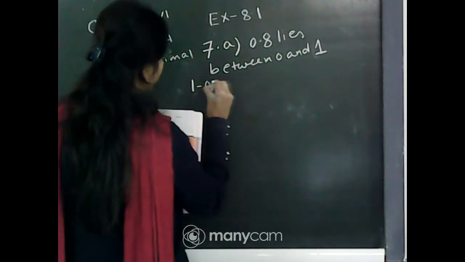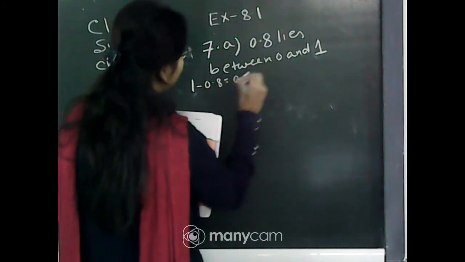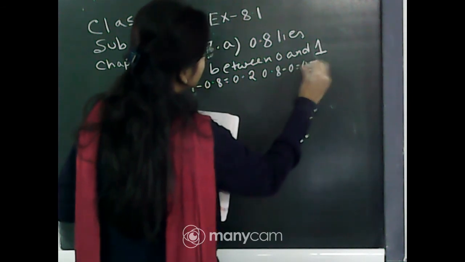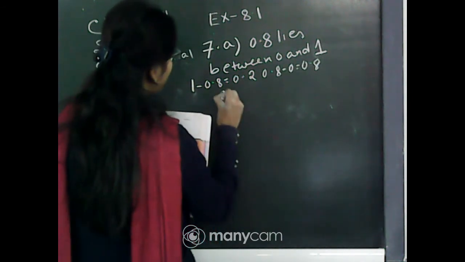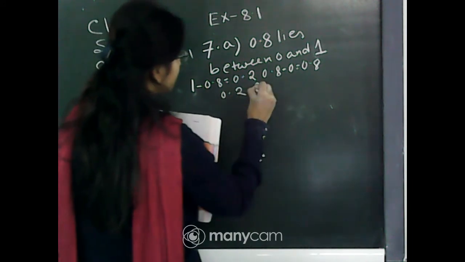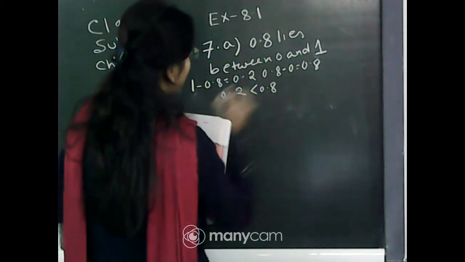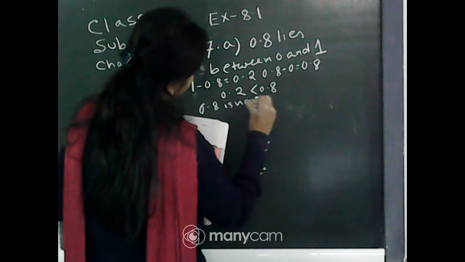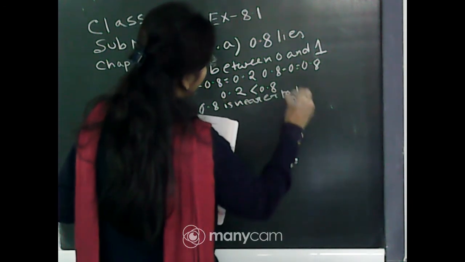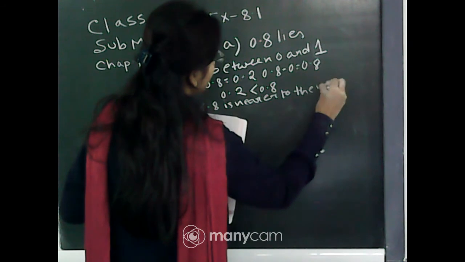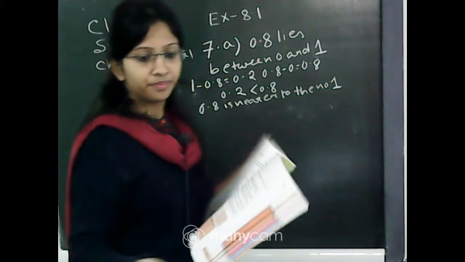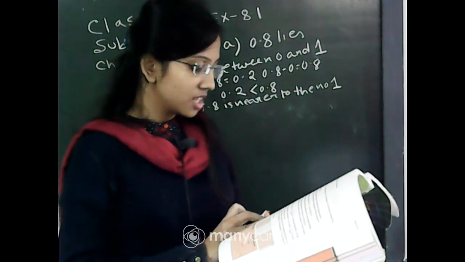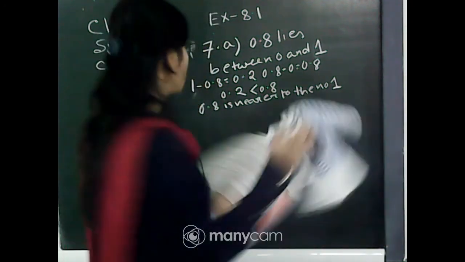1 minus 0.8 is equal to 0.2 and 0.8 minus 0 is equal to 0.8. Since 0.2 is less than 0.8, the number 0.8 is nearer to the number 1, isn't it? Next, question 7e, 9.1.